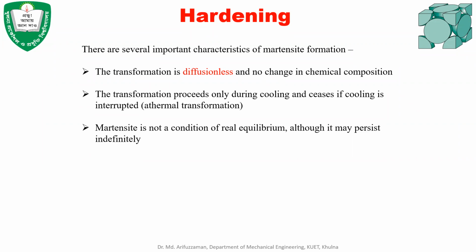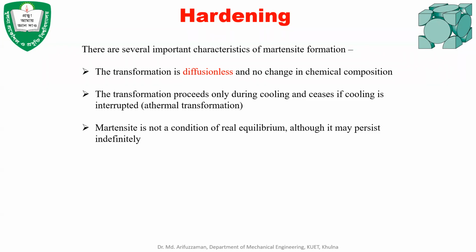And martensite is not a condition of real equilibrium. That means the structure is not under equilibrium, even though it persists indefinitely for a very long time. But eventually, if you raise the temperature above room temperature, this unstable condition transforms the martensitic structure into ferrite and cementite, the mixture of ferrite and cementite.